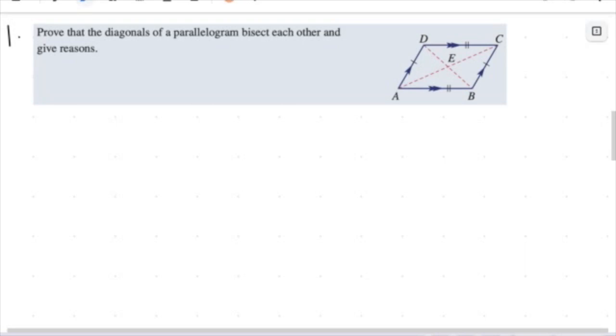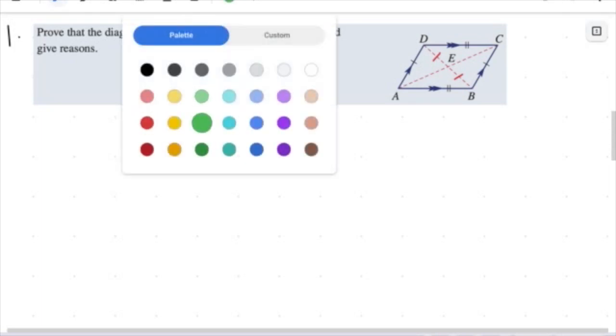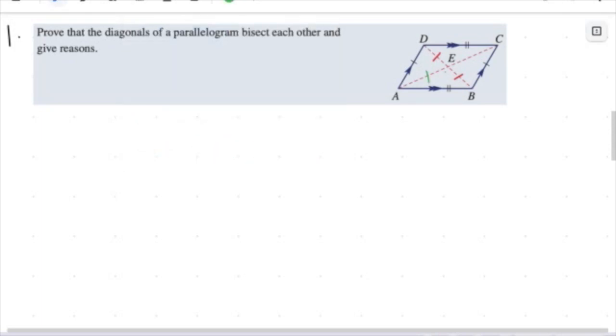Now, I essentially want to prove that this side DE is equal to this side BE. I also want to prove that the side AE is equal to the side CE. That is what I want to do here.